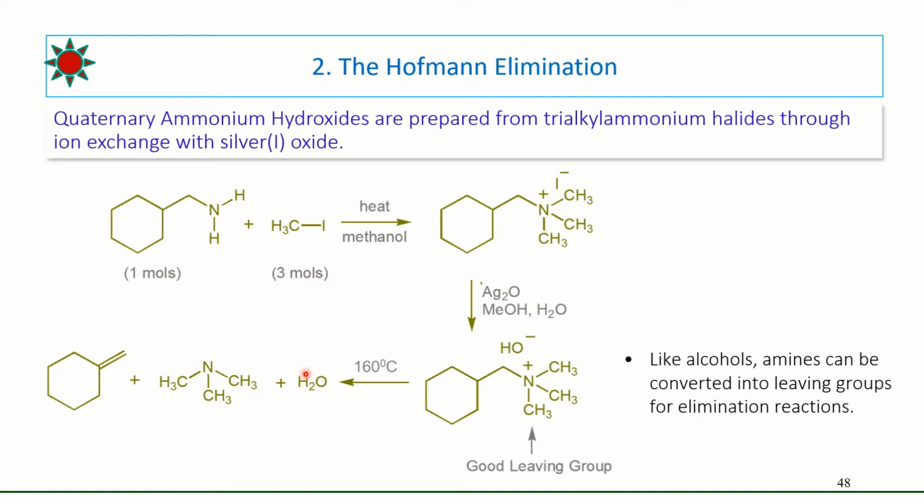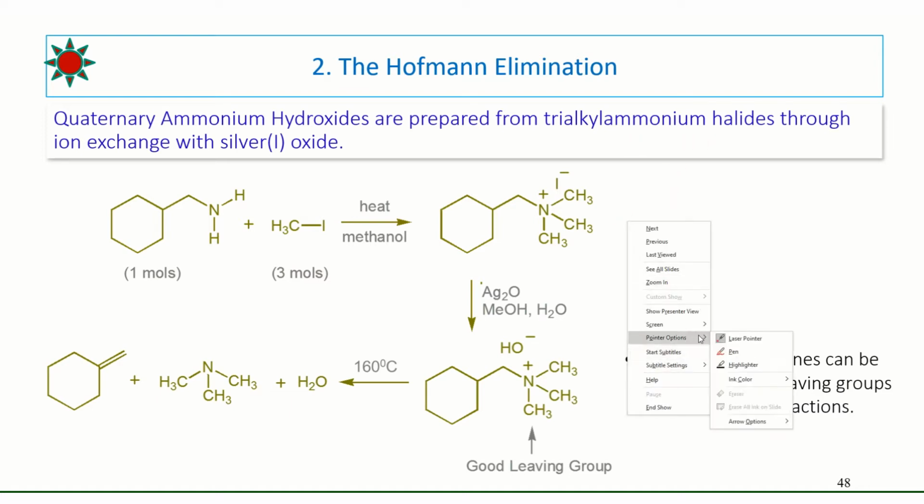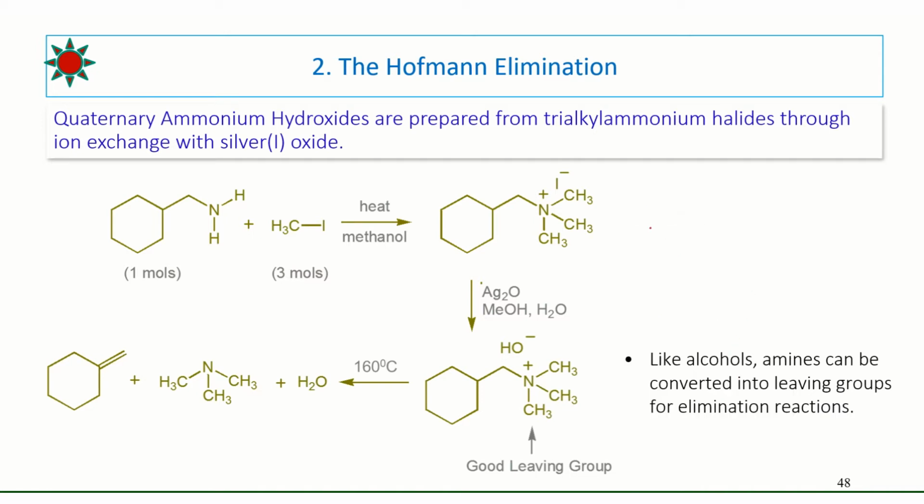The reason for the methyl iodide, of course, is going to be predominantly a bimolecular attack on the methyl, with the iodine being the leaving group. And so you end up having a trialkyl ammonium salt. The trialkyl ammonium salt will then represent a rather good leaving group.